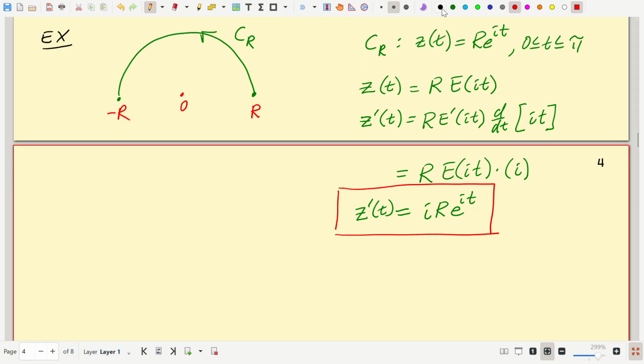And so now the example I wanted to show you was, let's integrate along c sub r, how about e to the 2z dz?